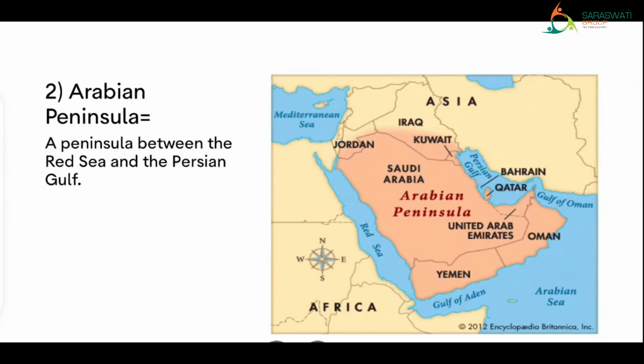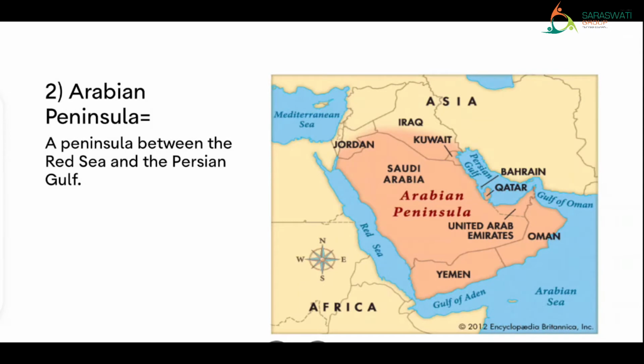Next, Arabian Peninsula. Arabian Peninsula means a peninsula between the Red Sea and the Persian Gulf. See here, Arabian Peninsula. On one side of it, towards the west, they have the Red Sea.